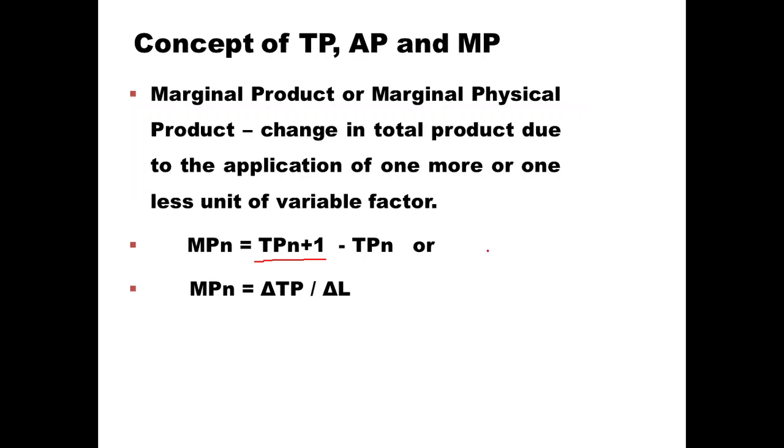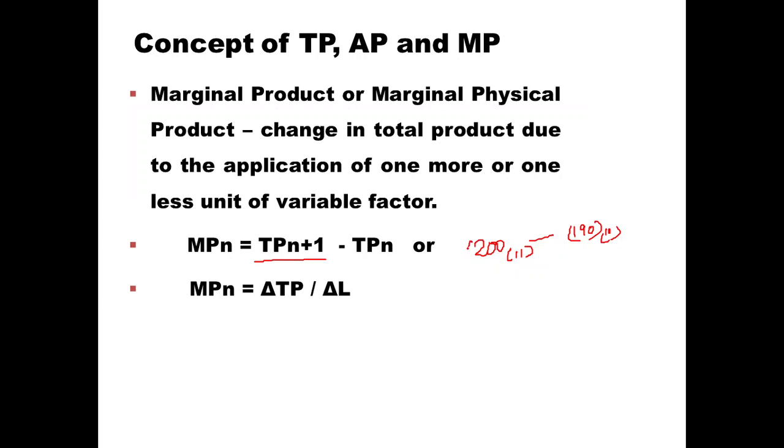So the total product of 11 labor minus the total product of the 10 labor. Say, for example, when you are using 11 labor, the total product is 200, minus when you are using 10 labor, your total product is 190. By using 10 labor, this much you are producing.